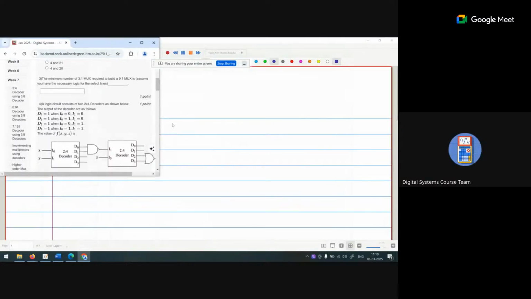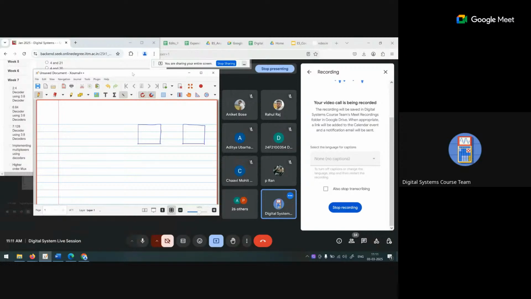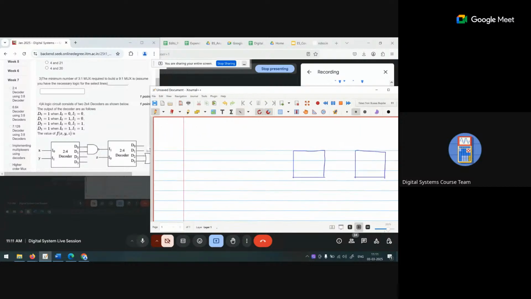I can say the circuit is given as a 2 cross 4 decoder with inputs I0, I1, that is X, that is Y, and outputs D0, D1, D2, D3.